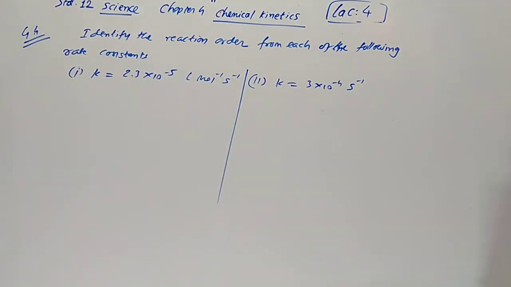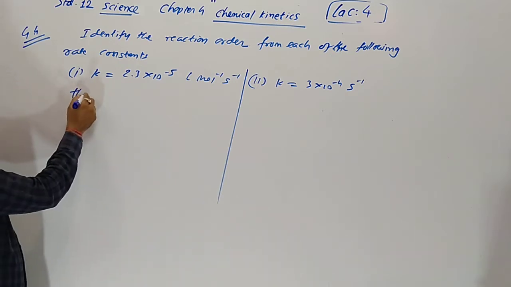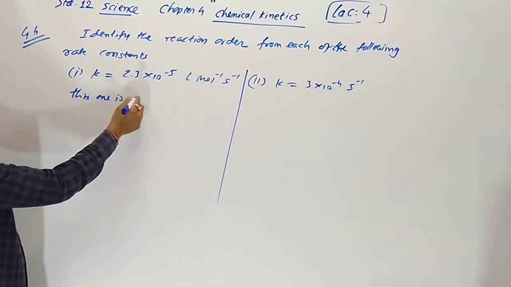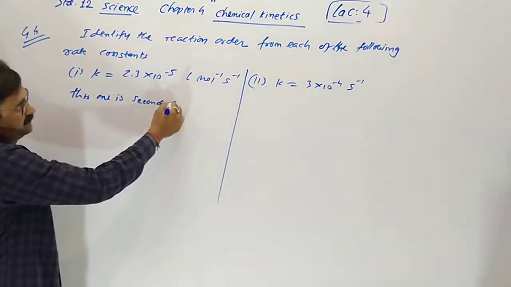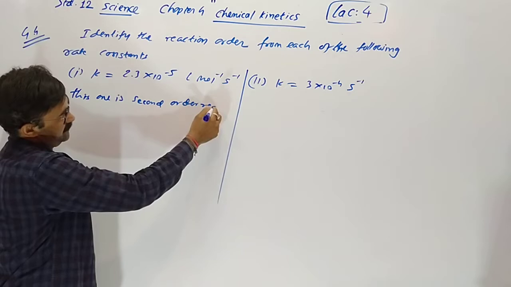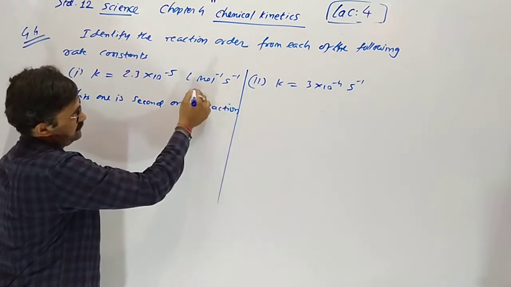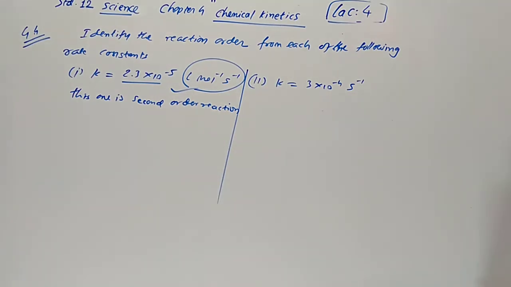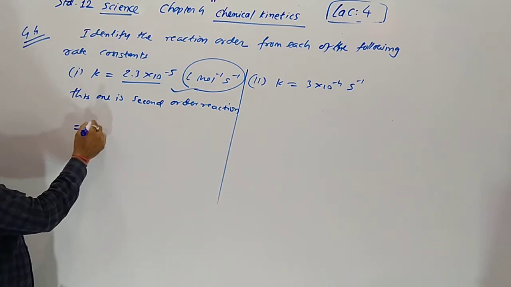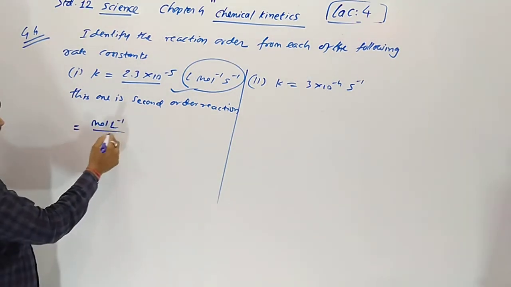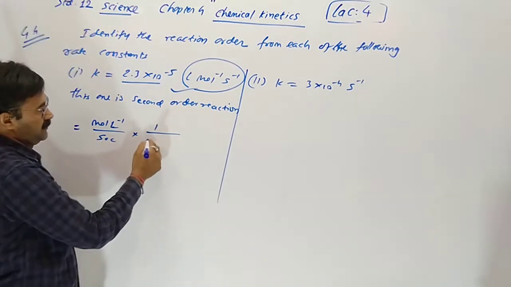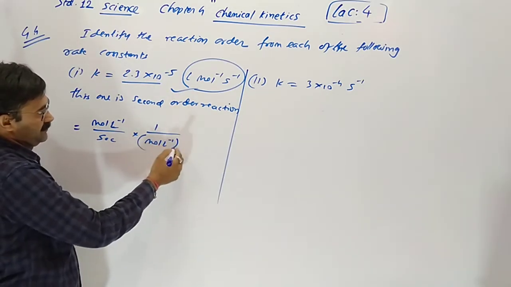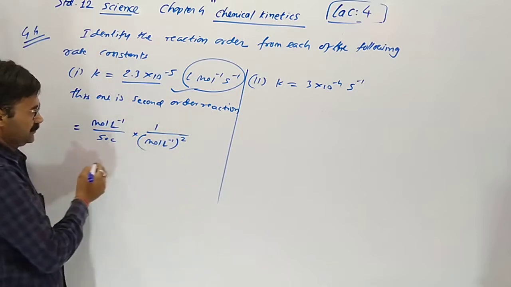Find out the reaction order. This one is a second order reaction. Why? Not from the value but from the unit, we can say order is second. Prove it: mole per liter per second, into 1 upon mole per liter raised to 2.